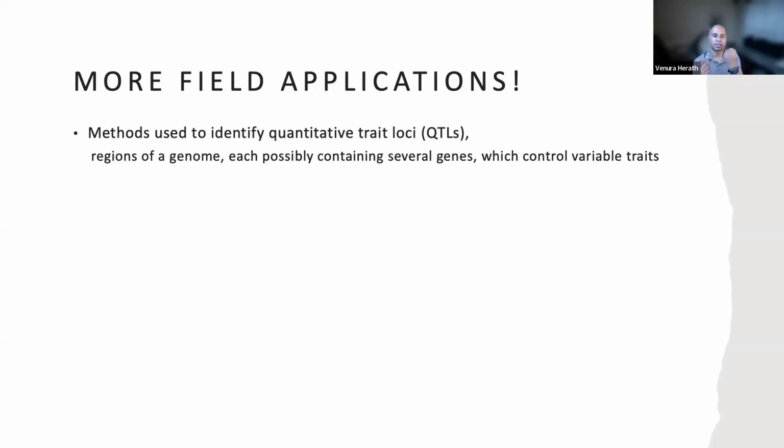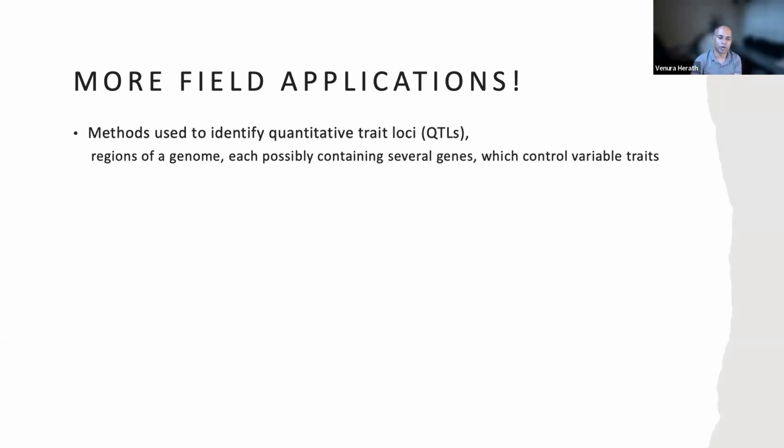For example, one QTL can control how a plant responds to water stress, like lack of water or drought, and how quickly its seedling grows, which is called seedling vigor.